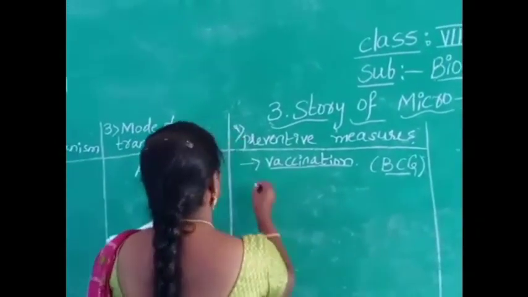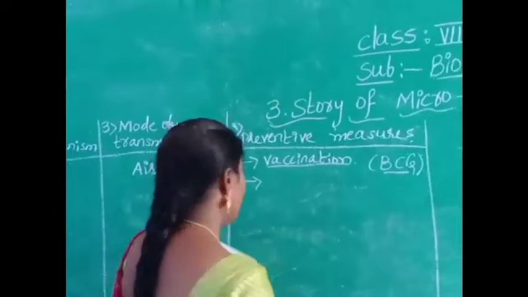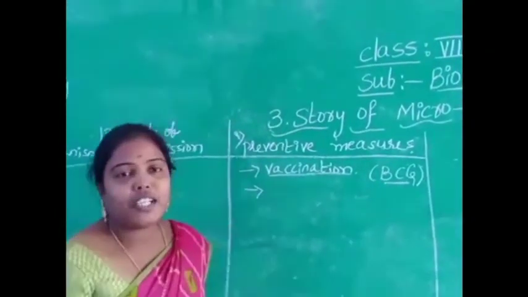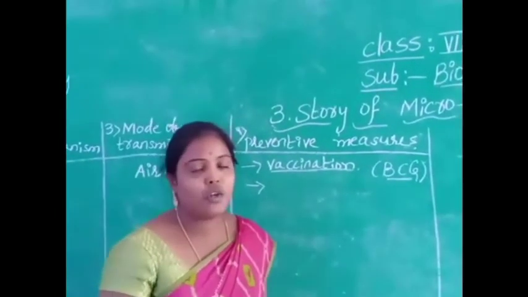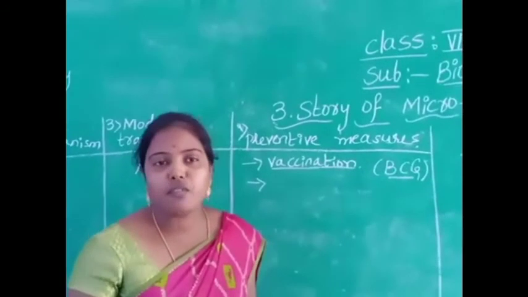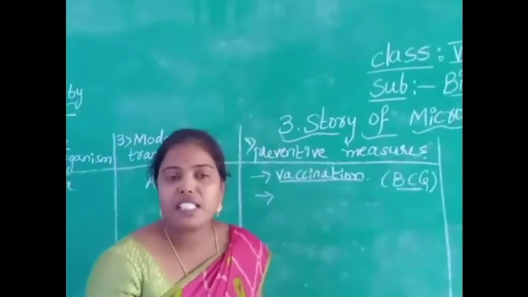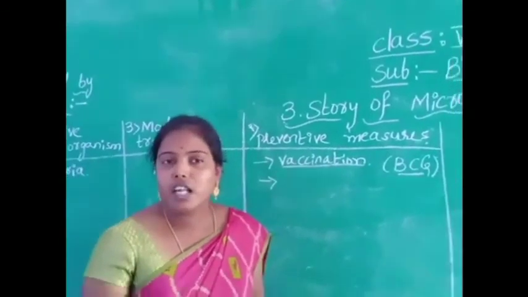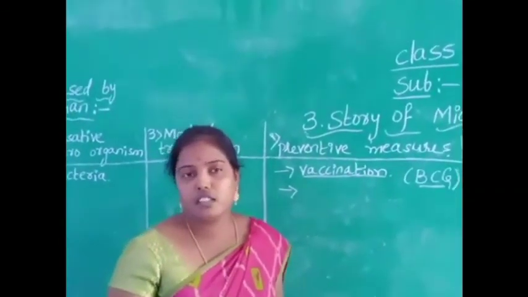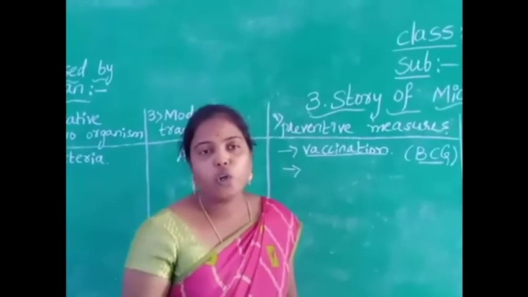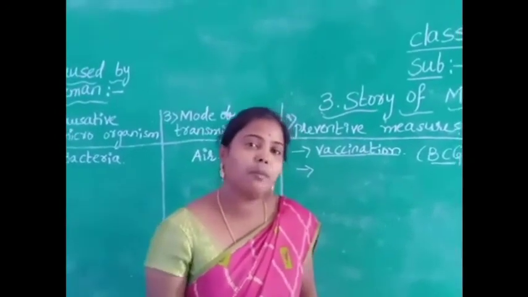Next, how can we prevent the disease? Avoid infected person's materials. Children, if any person is suffering from tuberculosis, please don't use that person's materials like kerchief, towels and food. Don't share food with that person.